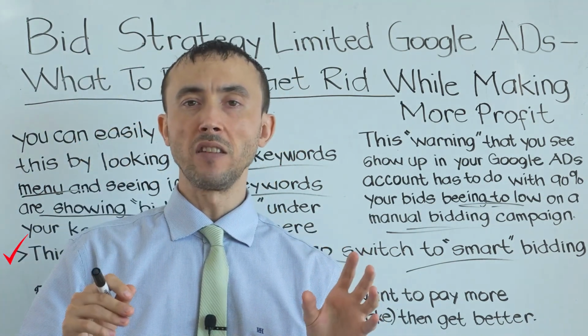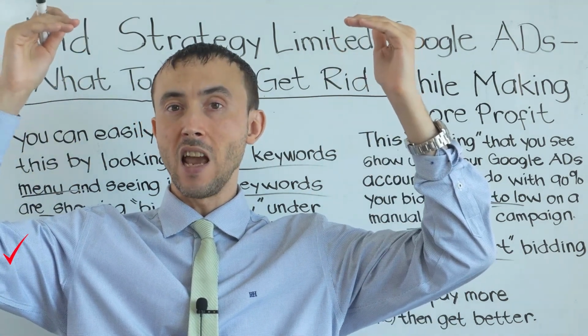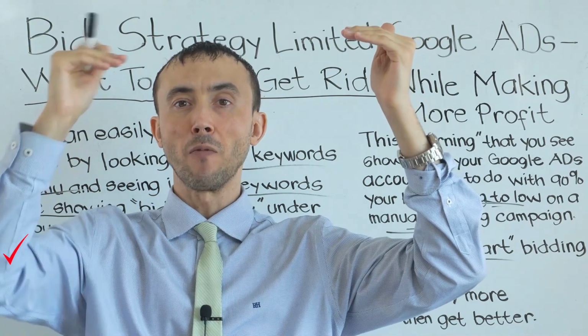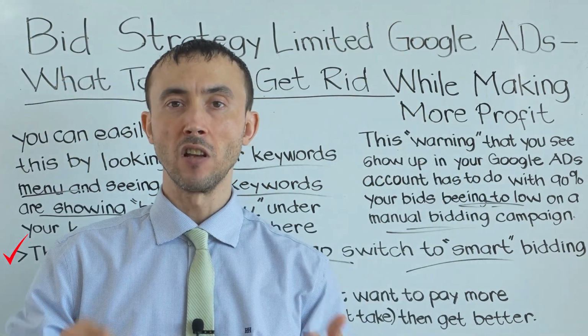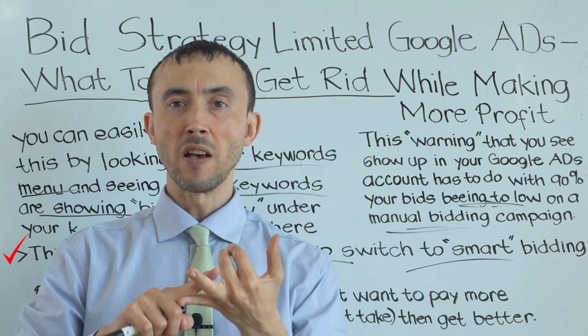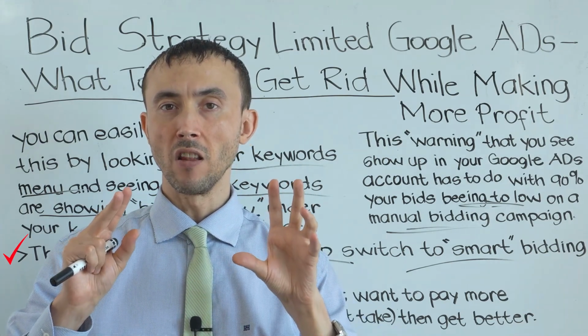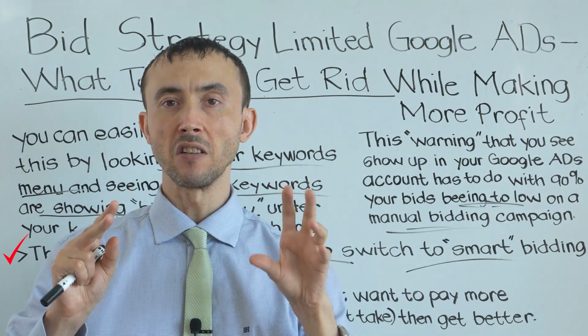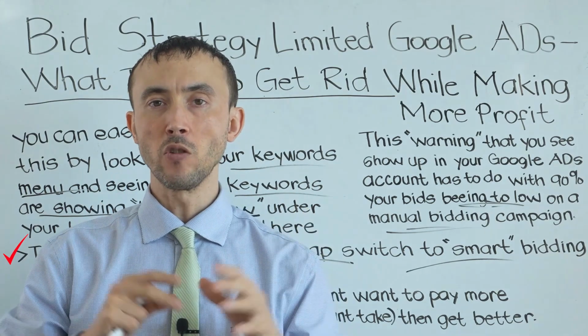Google on an ongoing basis is trying to find, because there's usually like 8 to 10 people cycling in and out of the top 4 spots on Google, they're constantly trying to figure out which advertisers have the best click-through rates and the best conversion rates, because those are the people that are giving the users on Google the best experience as a whole and make people want to come back to Google and click on ads in the future.